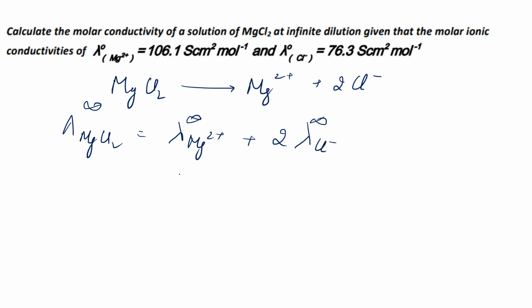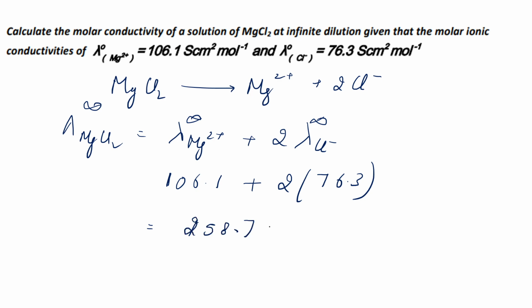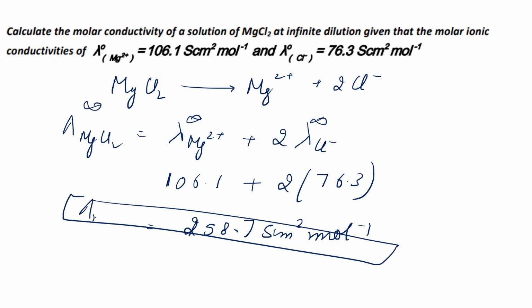Now substituting the values, for magnesium it is 106.1 plus 2 times 76.3. Solving this equation, you will be getting 258.7 Siemens centimeter square per mole. So see how simple it is. You just need to add up the individual values.